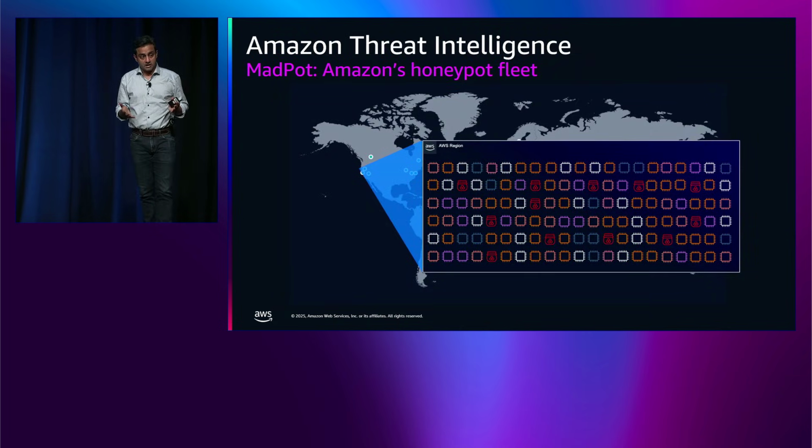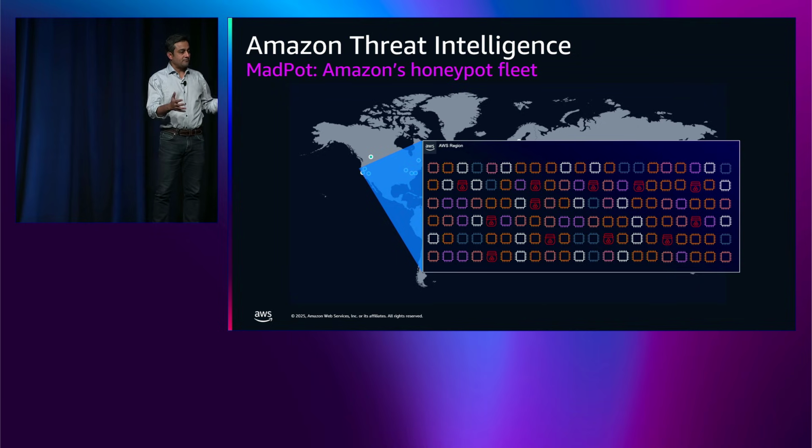What's unique about our honeypot network is its scale. We have a global footprint, and just like CloudFront and WAF, it's deployed across our global footprint. So we have tens of thousands of sensors. These sensors mimic your TCP applications, Telnet, SSH, and your HTTP applications.